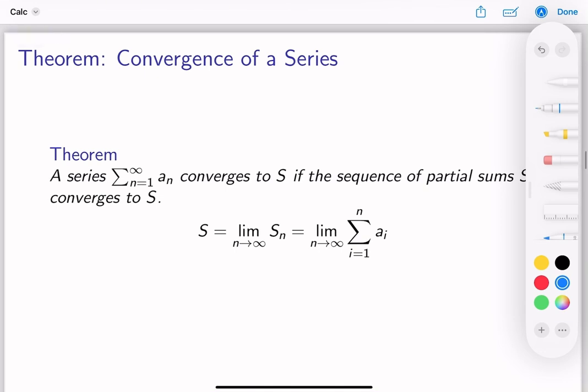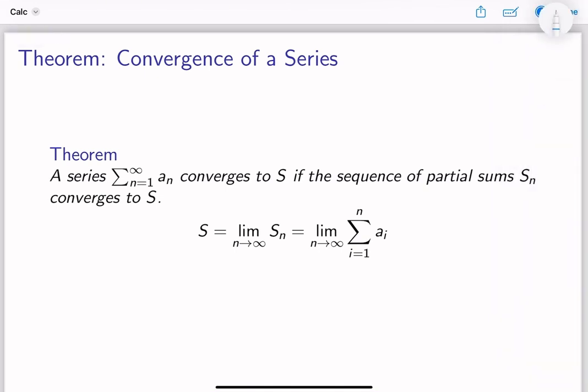Now, the question of convergence of series is going to be discussed in the coming video. However, just in case I have to use the term convergent series, let me define what it means for a series to be convergent. You have a series, the sum of a_n from n equals 1 to infinity.